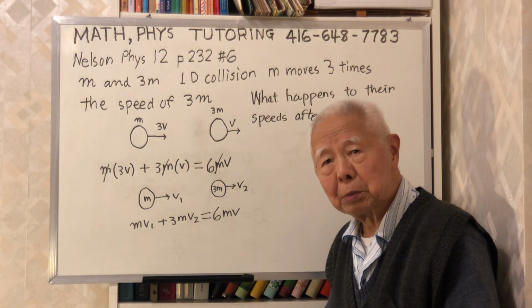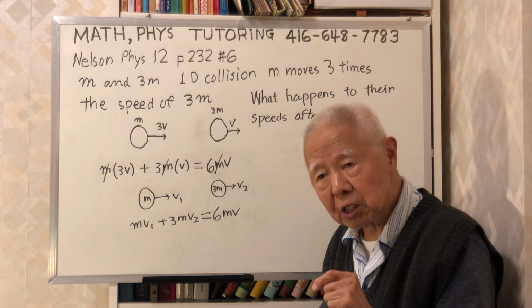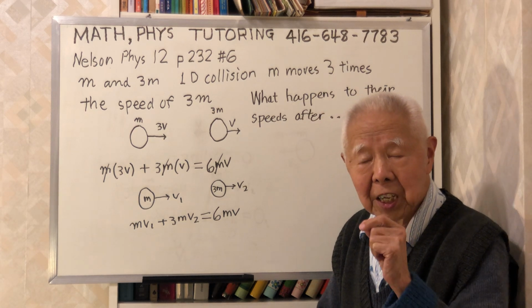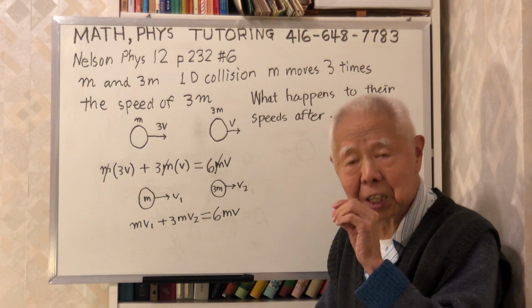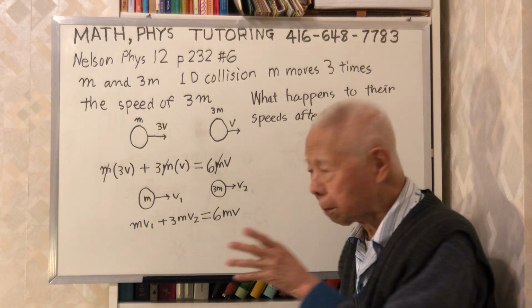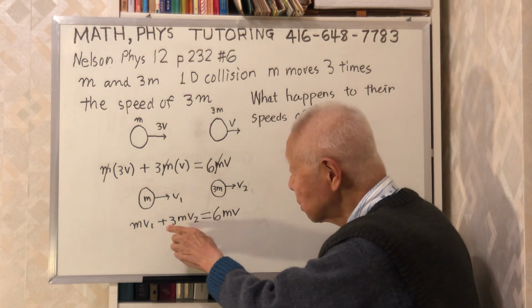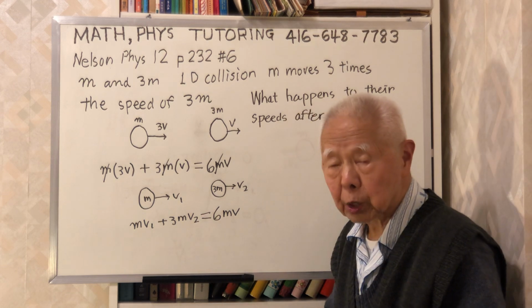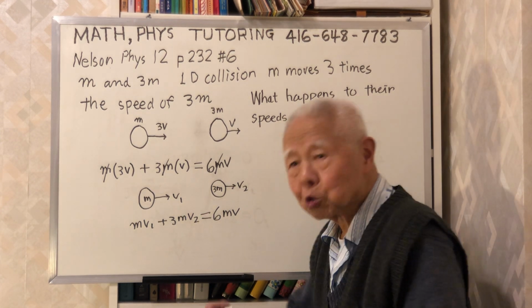So what do we mean by perfectly elastic collision? It means the kinetic energy before collision is equal to the kinetic energy after the collision. If this condition is applied to this question, then we can find v1, v2, because we have two equations, two unknowns. Let's try that.